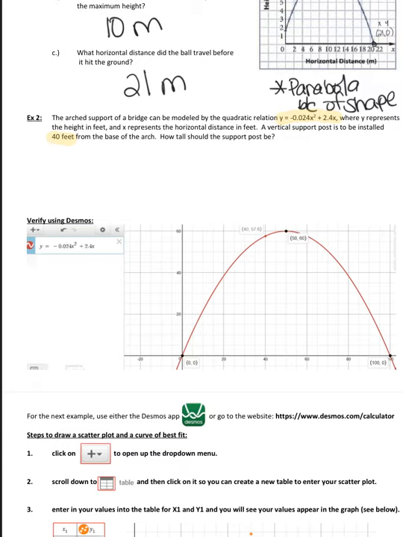So what that means is that our x value is 40. Okay? And we were given the equation y equals negative 0.024x squared plus 2.4x. So we're going to substitute our 40 in for our x. So every time we see an x, we're going to write a 40.